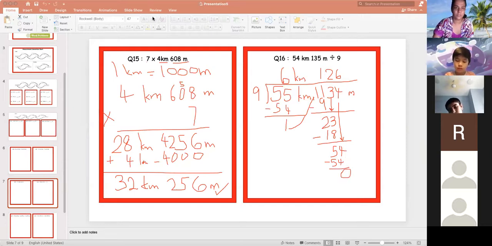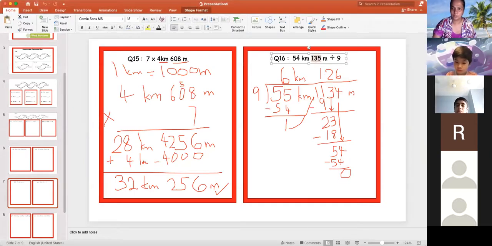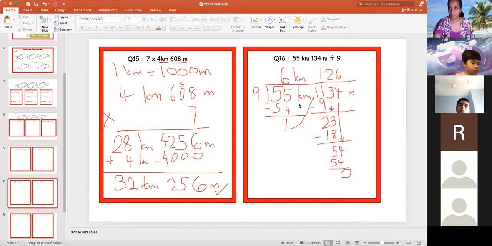Okay. So this will be 54 and you will have 0 remainder. So I'm going to change this question here. I'll do it now itself. Okay. So the question would be 55 kilometers and 134 meters divided by 9. Okay, so you will have your answer. Am I my calculation correct? Because you take over 1 kilometer here, it will be 1000.